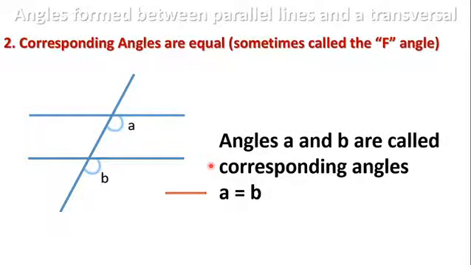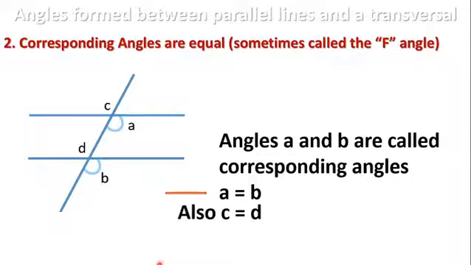That is, A is equal to B. Okay, and it's also possible for us to label here C and label here D, and somehow you can also see that there's an F formed, and this time the F is upside down, but then of course it's an F. You can see right here you have these, you have this, and you have that, and that means that C and D are also equal. Okay, this is what's called corresponding angles. Okay, and you must look out for that as well when you're given questions to answer.